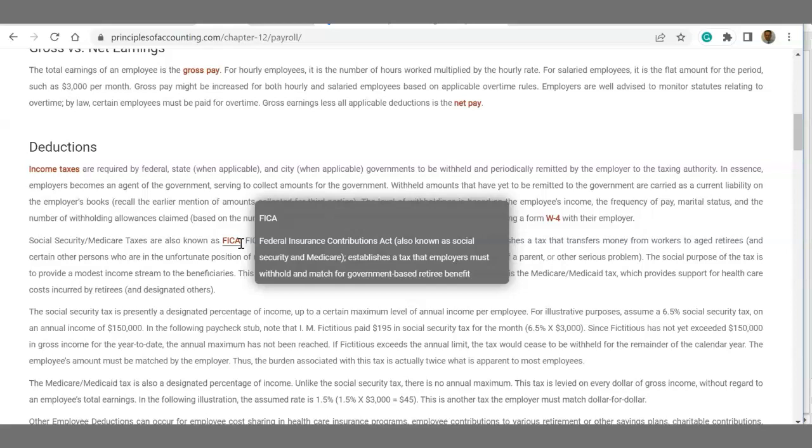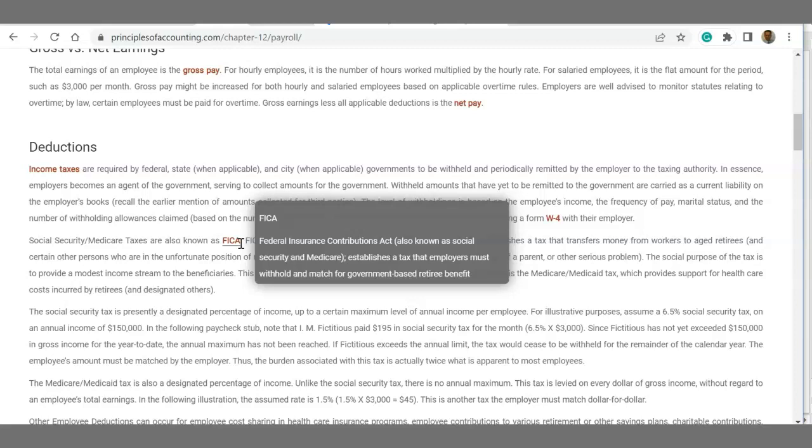And after retirement, the taxpayer will get Social Security payments as a form of compensation for retirement, and also get Medicare health insurance coverage.